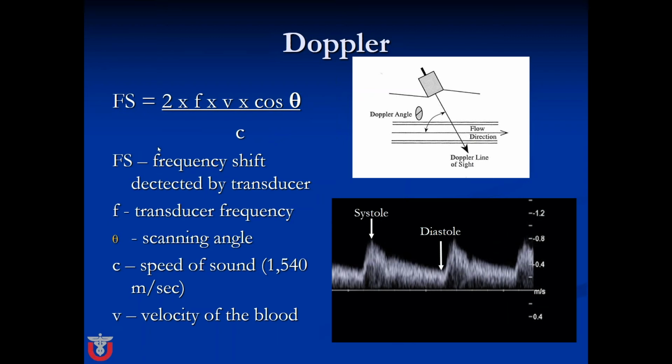The point of this equation is the machine knows what all of these things are. It knows the frequency shift, the transducer, the angle, and the speed of sound in soft tissue, and it can solve for the velocity of the blood. And so here's a waveform that we typically get out, and we can see the velocity at systole, and we can see the velocity during diastole.